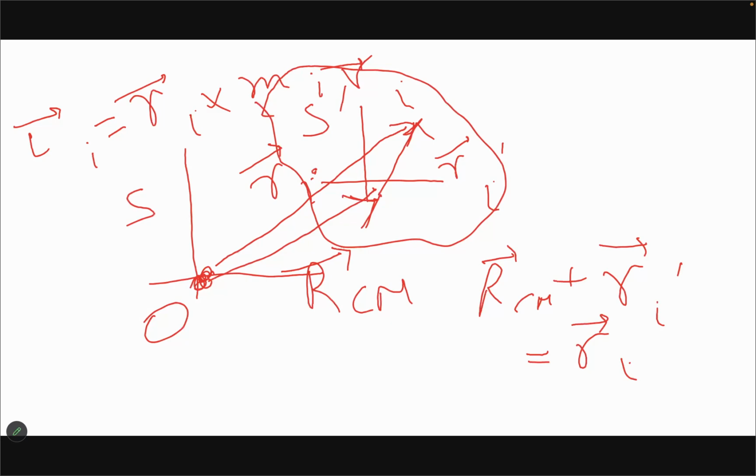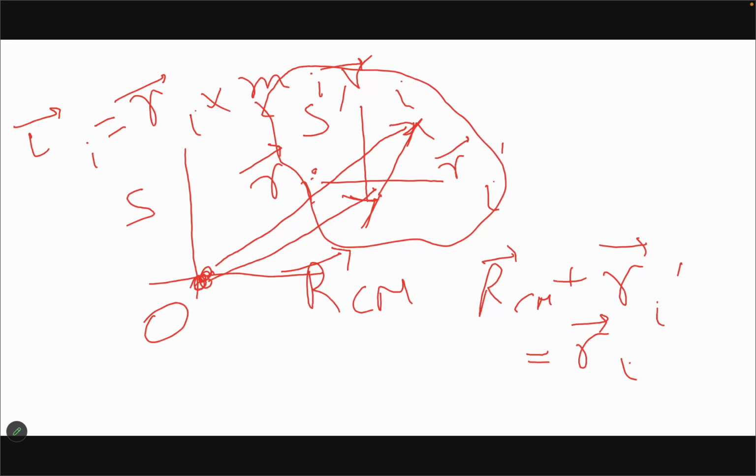Okay. So what would you get summation of m_i r_i prime equated to? This is the question. Summation of m_i r_i prime according to you will equate to what? I didn't catch what you said. Could you repeat?